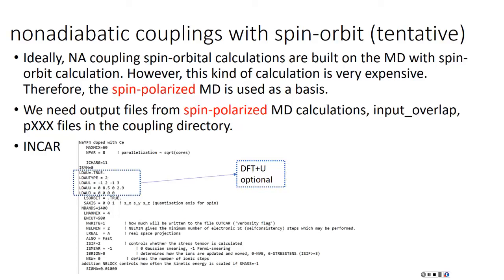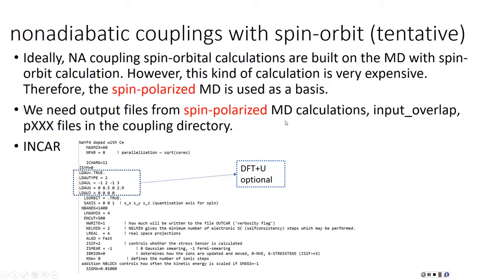Ideally, everything should be consistent: we do geometry optimization considering spin orbital coupling, and then we do molecular dynamics considering spin orbital coupling. But if we do that, the computational job will run for infinite time, so it is not possible. As an approximation, we can use spin polarized molecular dynamics. This way we can save lots of time.